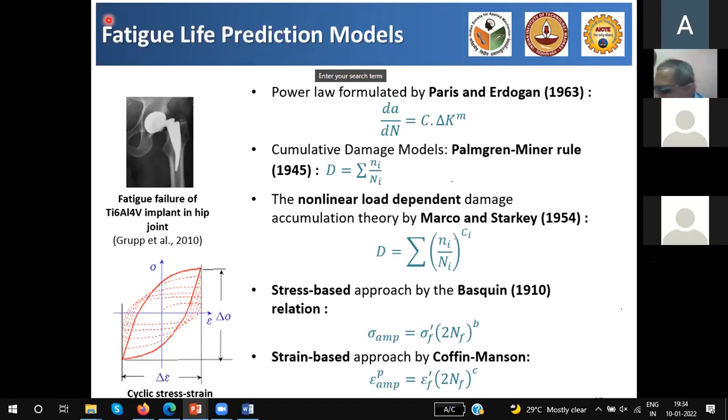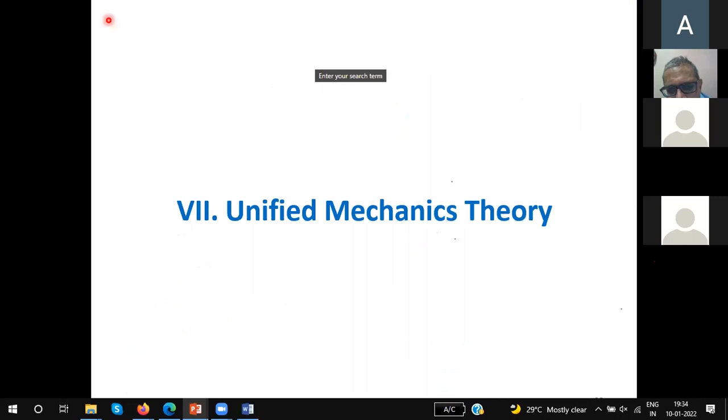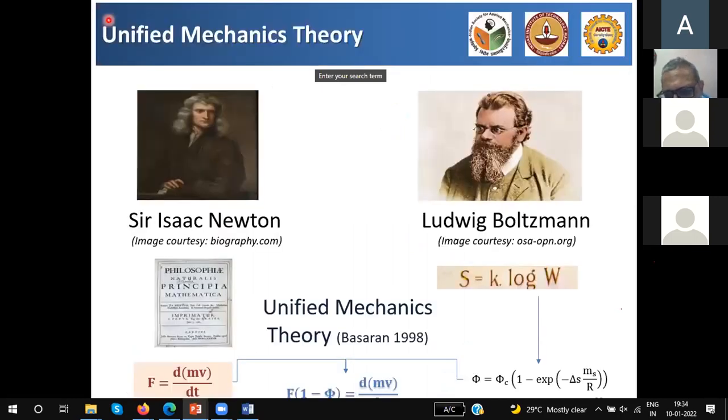So we'll come to close this lecture soon. We have something called unified mechanics theory. I'm not going to talk too much about it now because Professor Chamal will be talking about it. Basically, it is trying to combine the Newtonian approach to integrity of the material, where we define some properties, and the concept of entropy that has been put together by Boltzmann.